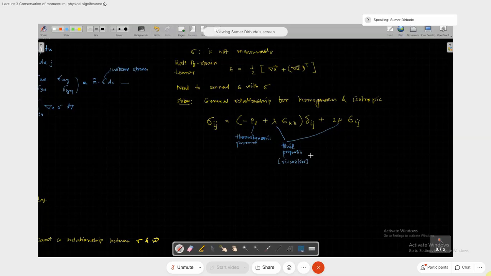But we have a bulk viscosity. So this is the bulk part of the viscosity, and this is your dynamic viscosity. It is not divided by rho, so it is the dynamic viscosity.